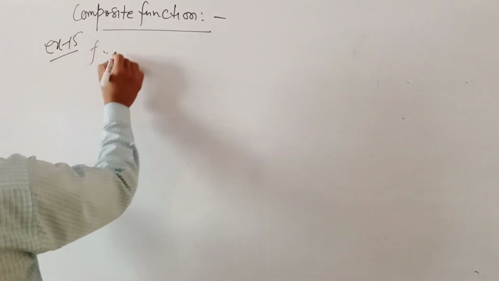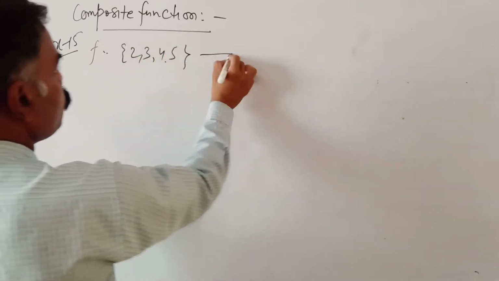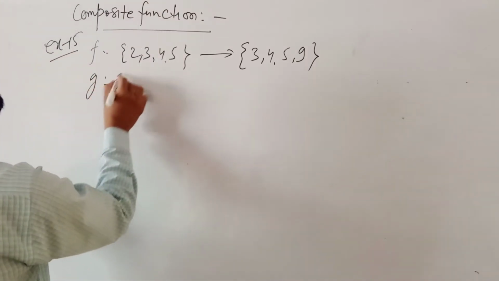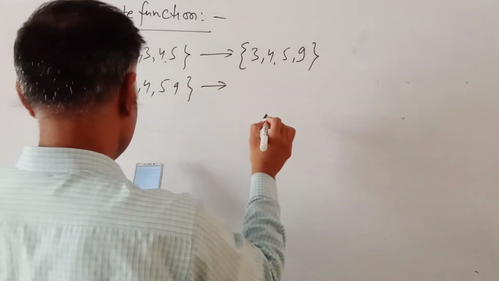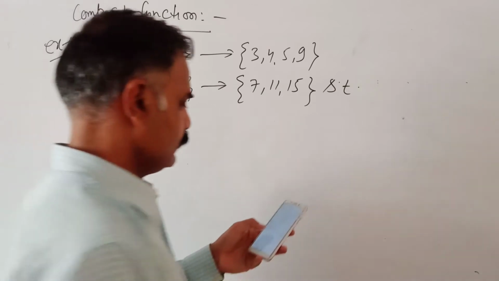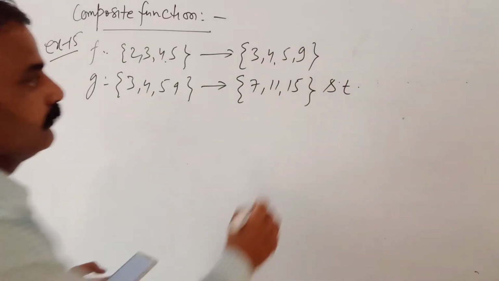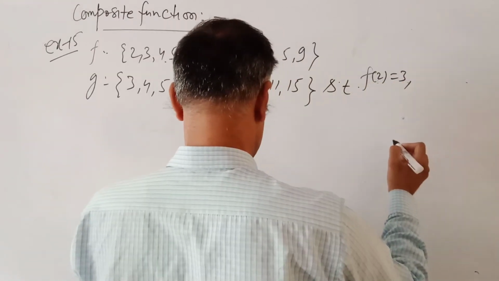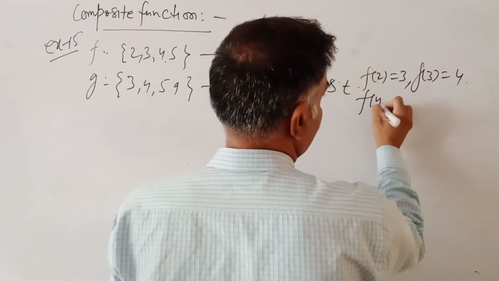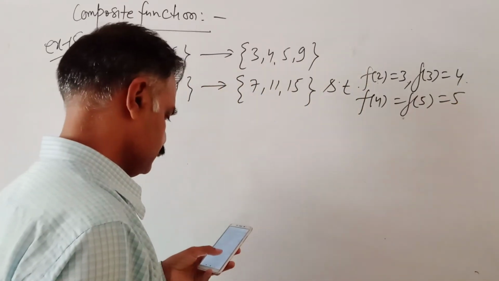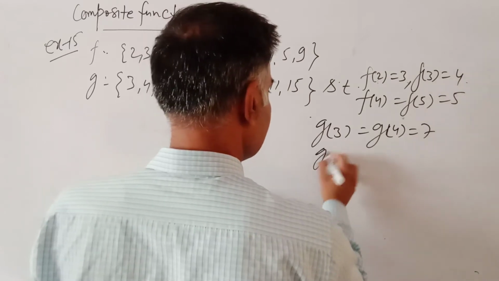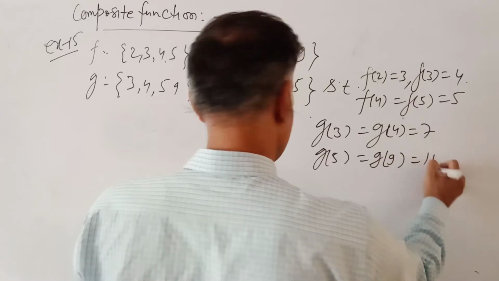Example number 15. f is from 2, 3, 4, 5 to 3, 4, 5, 9, and g is from 3, 4, 5, 9 to 7, 11, 15, such that f(2) equals 3, f(3) equals 4, f(4) equals f(5) equals 5, g(3) equals g(4) equals 7, and lastly g(5) equals g(9) equals 11. This is all given.